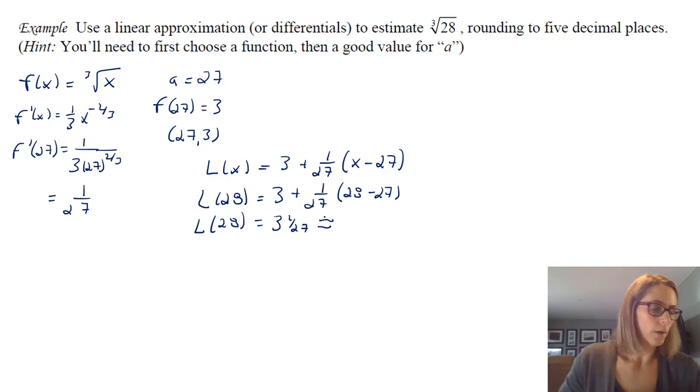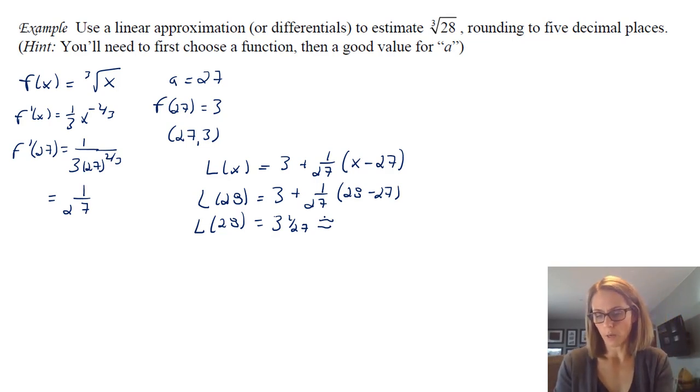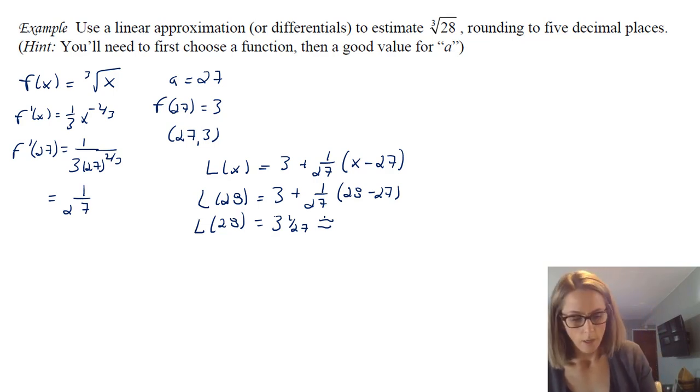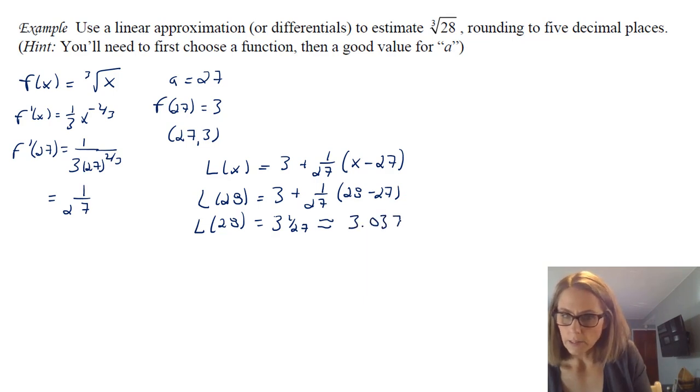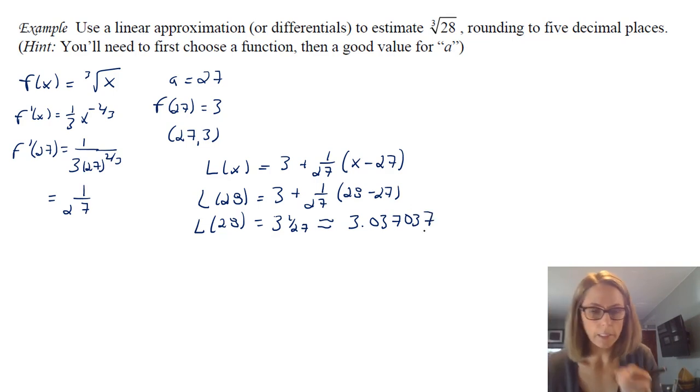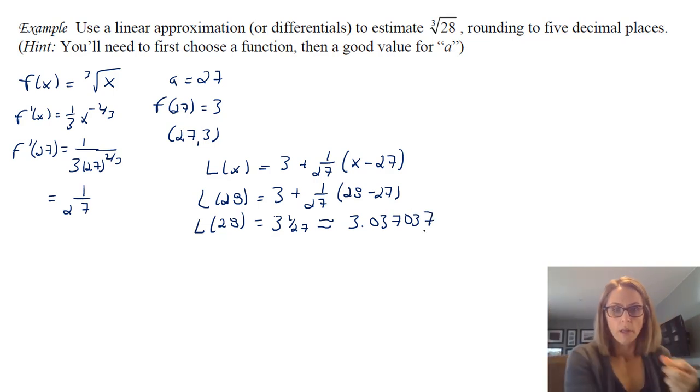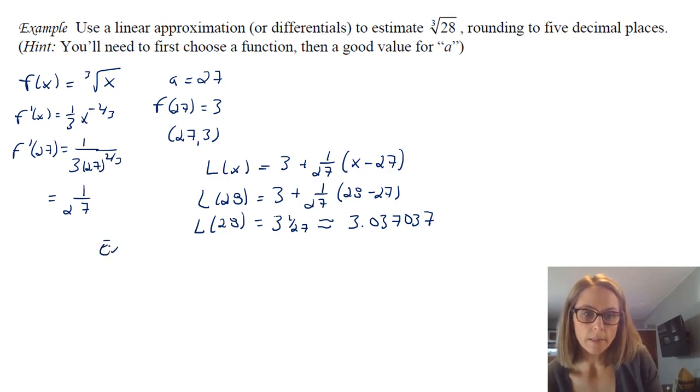And then you can do that in your calculator to get a decimal so that we can compare them. So 1/27, and then add that to 3. And I have 3.037037. Looks like that continues. And if we were to think about the exact value, that's going to be the cube root of 28.